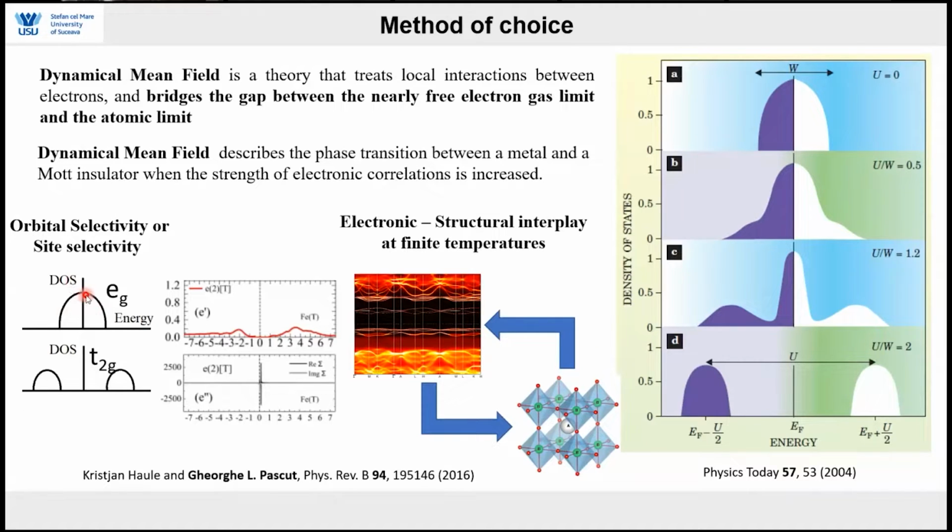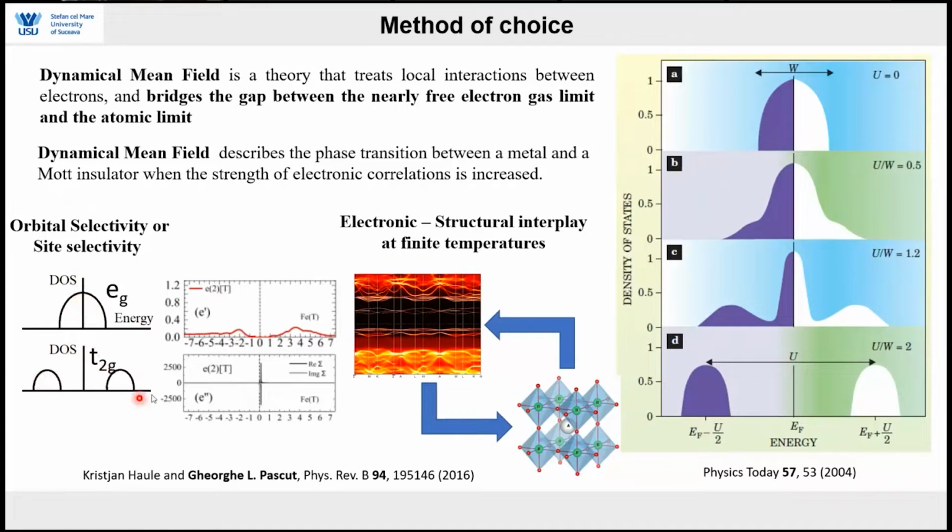Still, for example, if you look at manganese oxide, where manganese has 5 electrons, you expect the system to be metallic in DFT, but in reality, you see that the system is an insulator when you do the measurement. So the question is what's happening there? The reason why you have a gap in manganese oxide is that your orbitals open a gap due to correlations. And this is called the Mott gap.